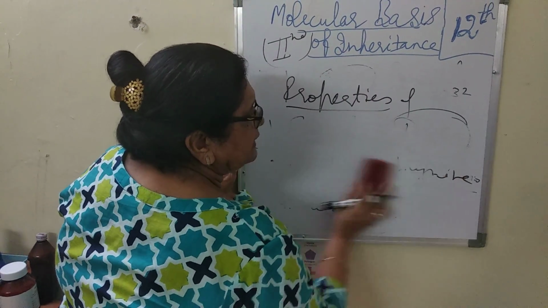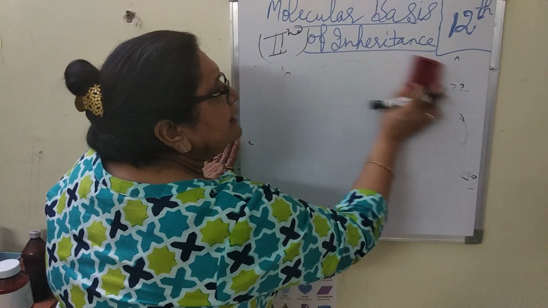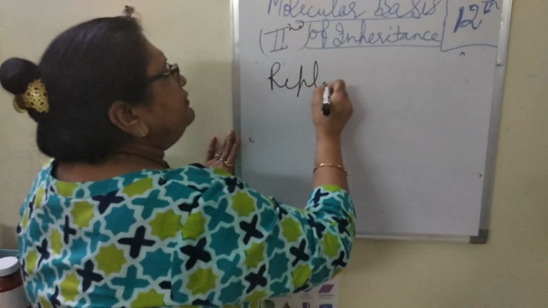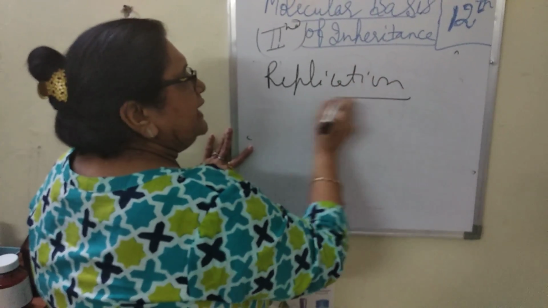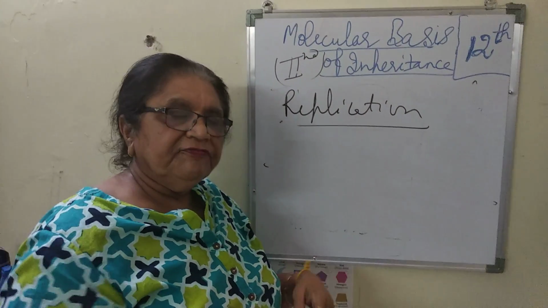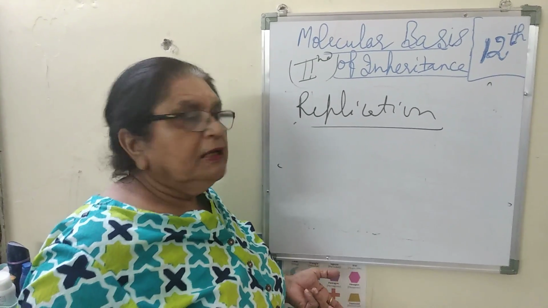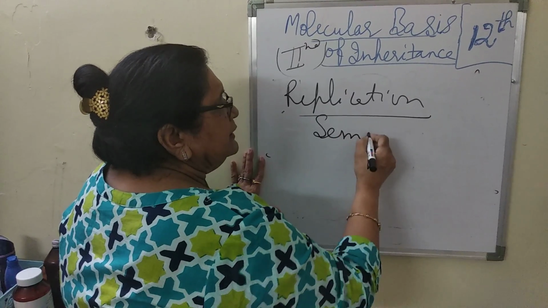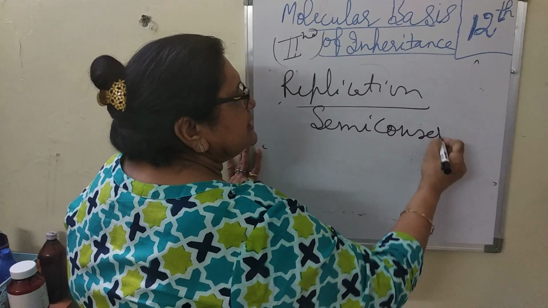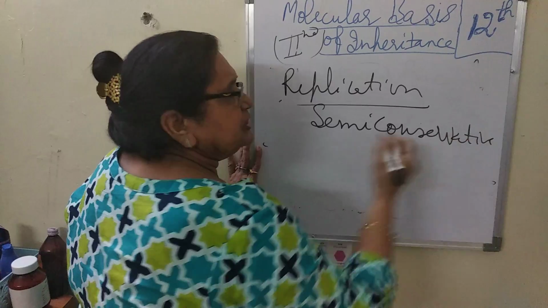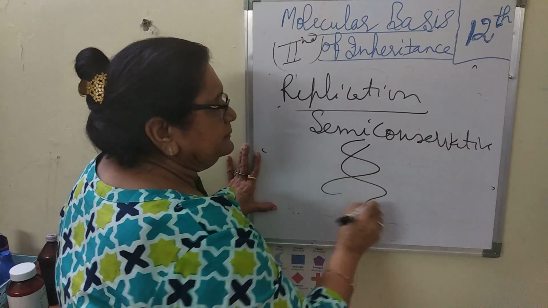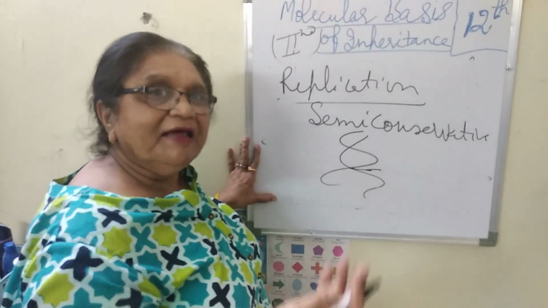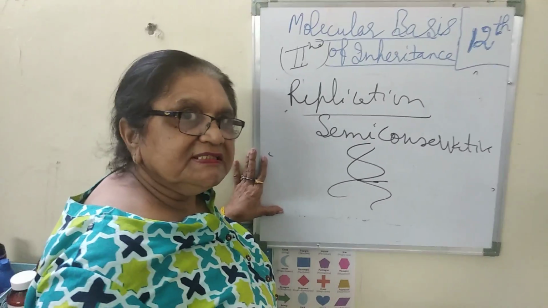Then comes another subtopic according to NCERT, replication of DNA. It replicates, divides, gives a replica or carbon copy. DNA replicates, yes, but very important, it is semi-conservative in nature. Suppose this is the DNA. DNA shows a replicon, one point where it replicates. Prokaryotes have a single replicon.